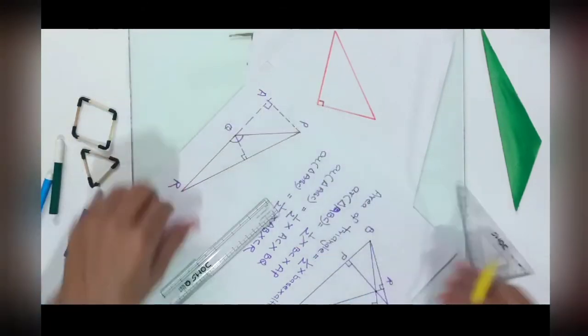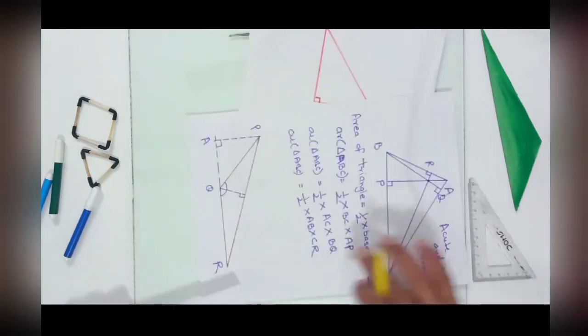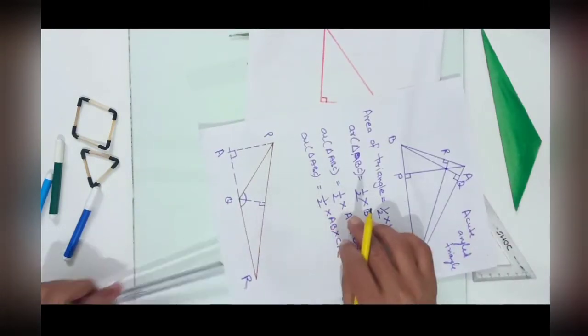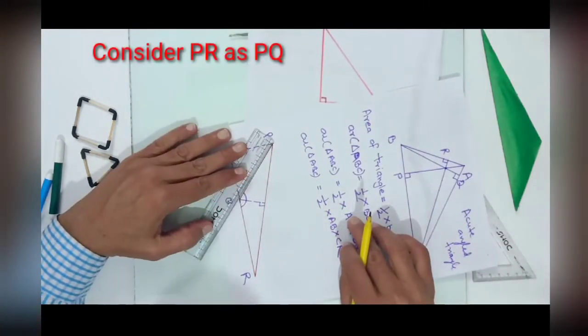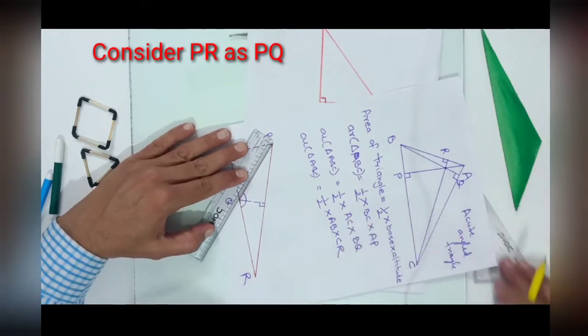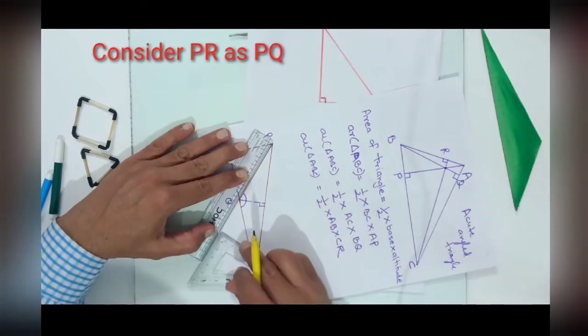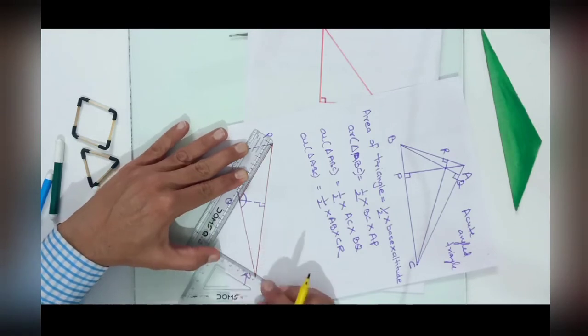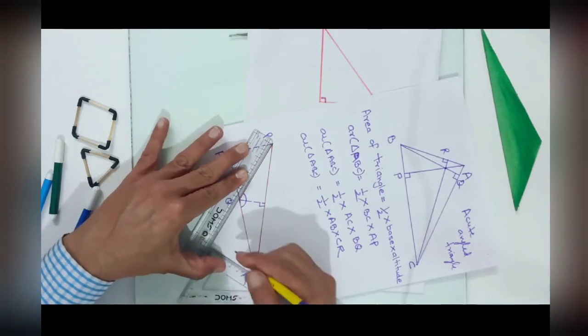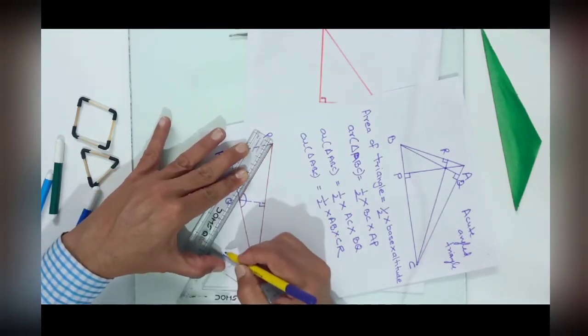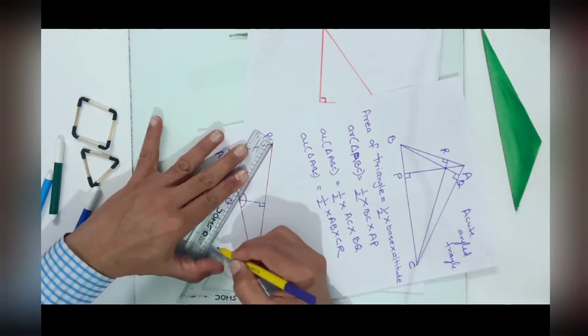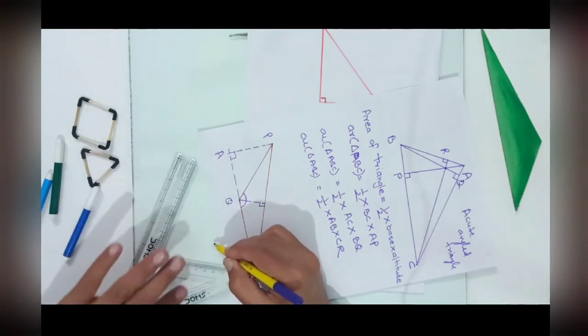In the same way, if a perpendicular is drawn from R to PR, we can observe that in this case again the perpendicular is lying in the exterior of the triangle. So it is obvious it lies in the exterior of the triangle.